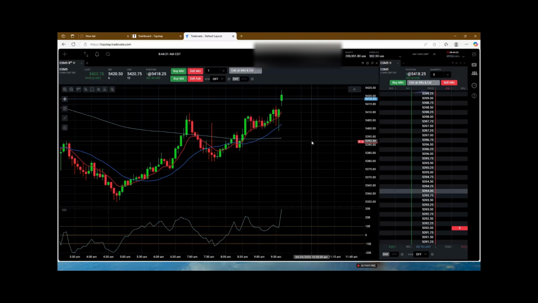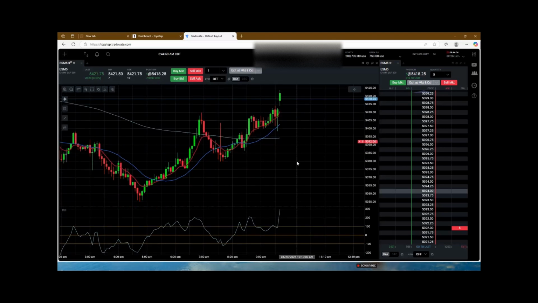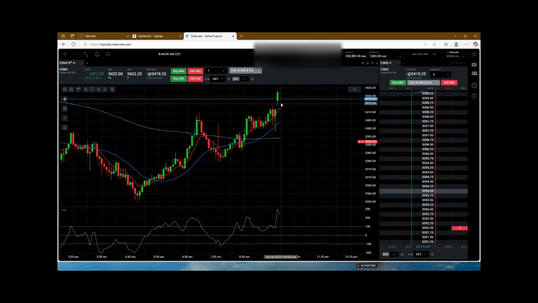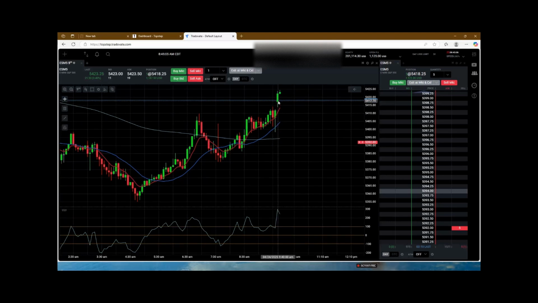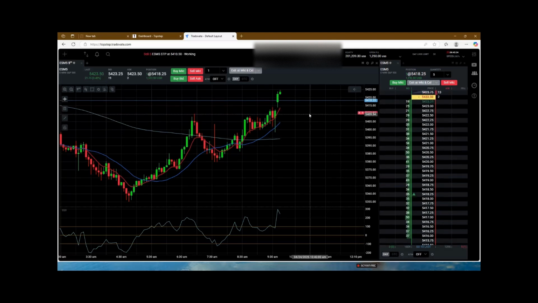All right, so far so good. We were up 700. So we'll see what happens with the candle. If this candle closes, I'm going to put the stop loss right below the prior candle close.